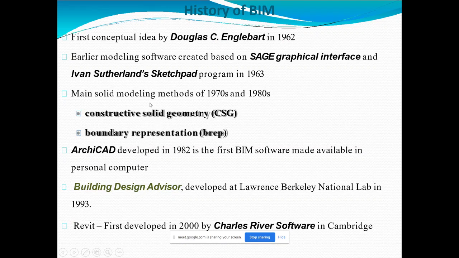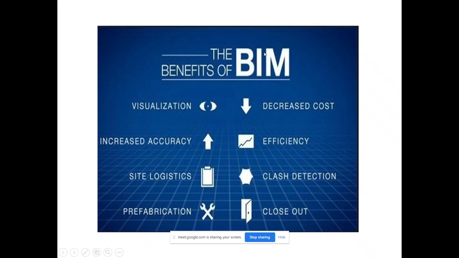Okay. The next one: what are the benefits of BIM software? First one is visualization. Visualization is to see the 3D of your building, walkthroughs, interior and exterior. There are so many things in visualization, the first point in BIM software.